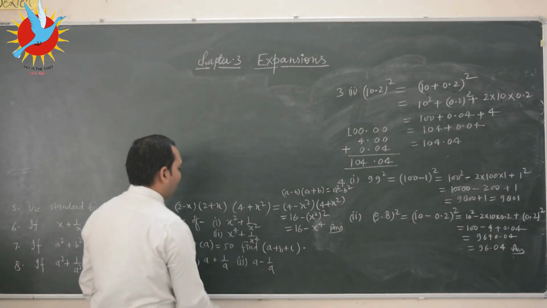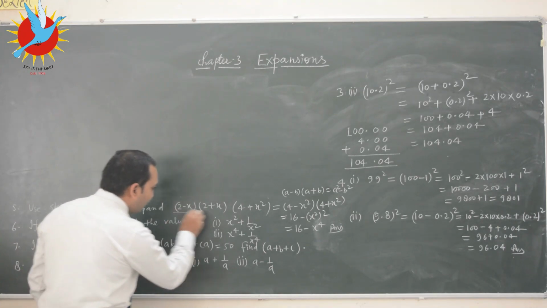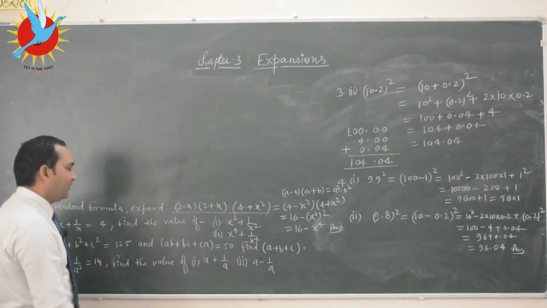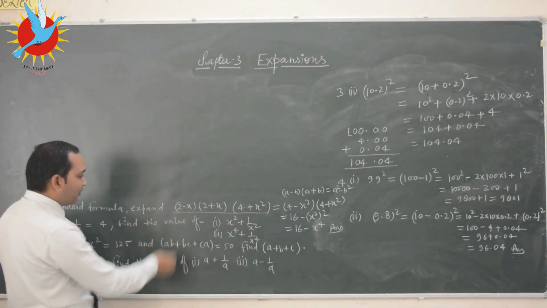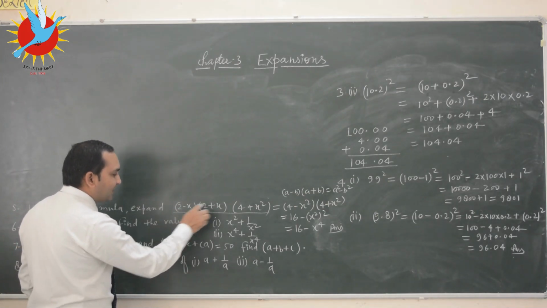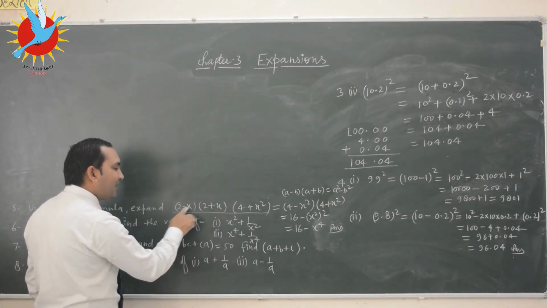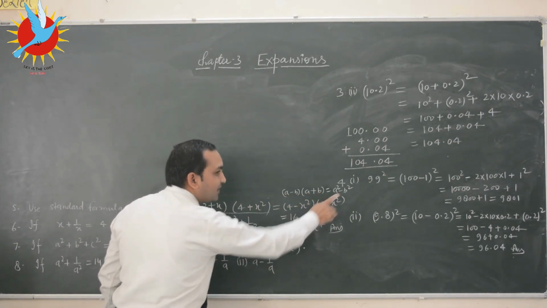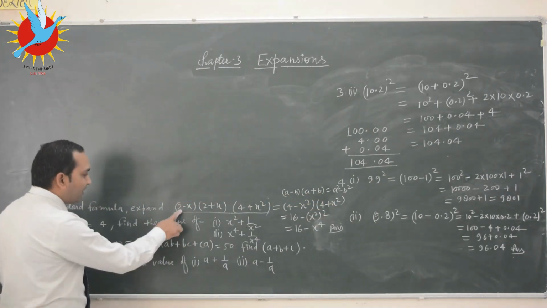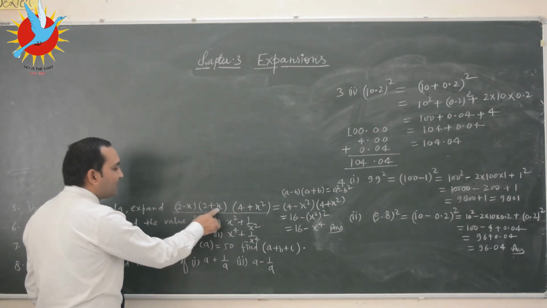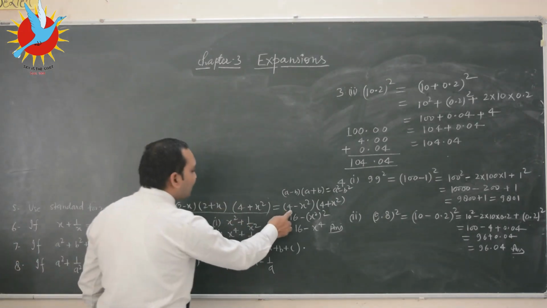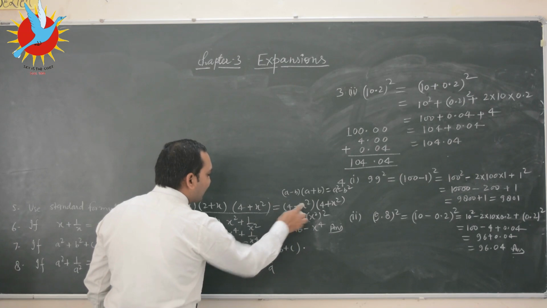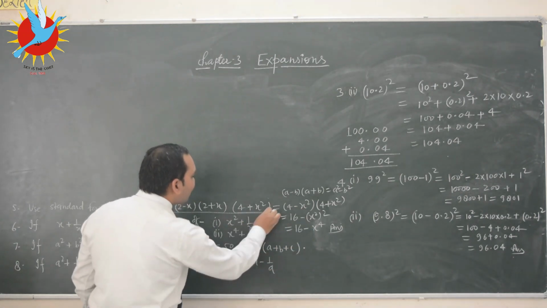Okay, so here use the standard formula to expand (2 minus x)(2 plus x)(4 plus x square). Means we have to expand and find the product. So here 2 and x, and the sign is minus and plus, so (a minus b)(a plus b), the formula is a square minus b square. So 2 minus x, 2 plus x means 2 square minus x square, 2 square is 4, minus x square, and here 4 plus x square.